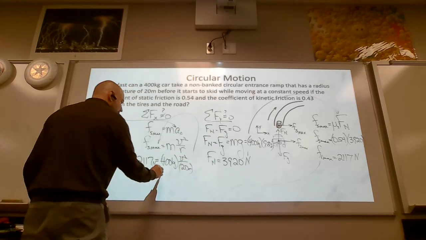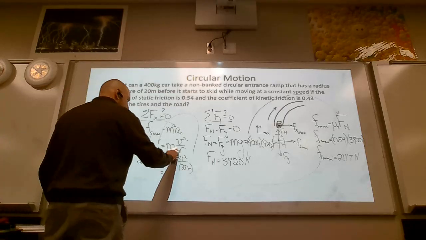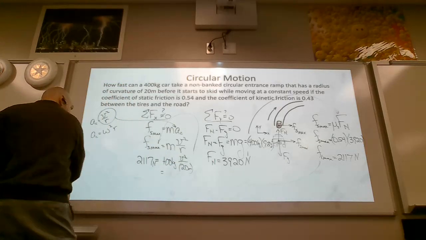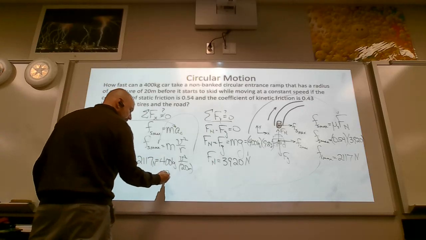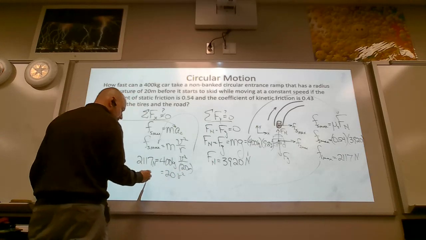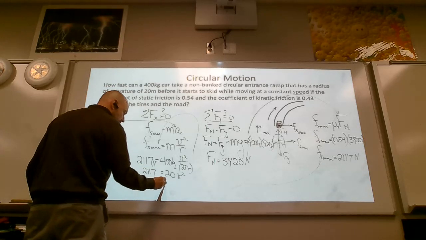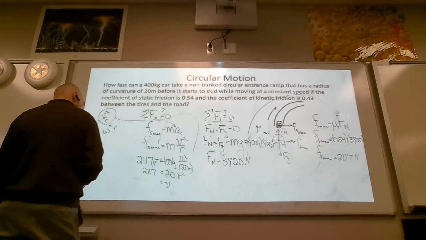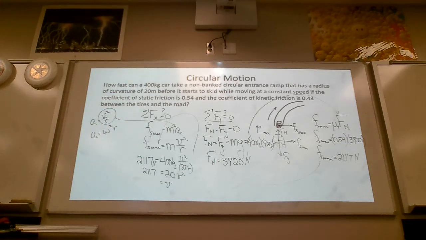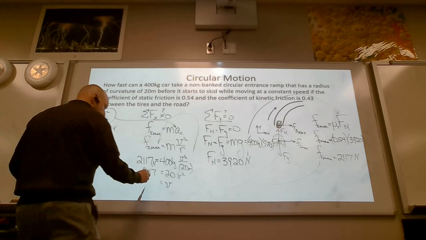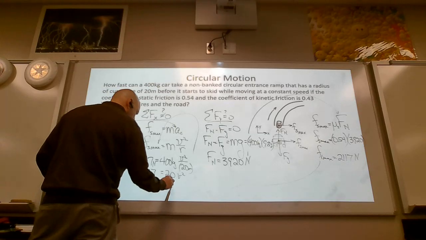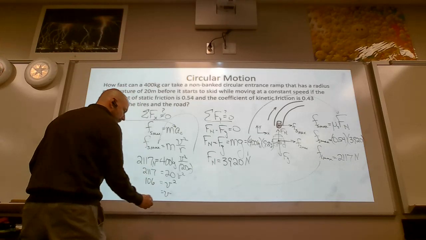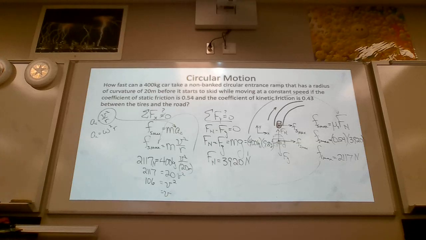Radius of 20, I've got 400. 400 divided by 20 gives me 20. 2,117 divided by 20 is 106. Take the square root: 10.3.